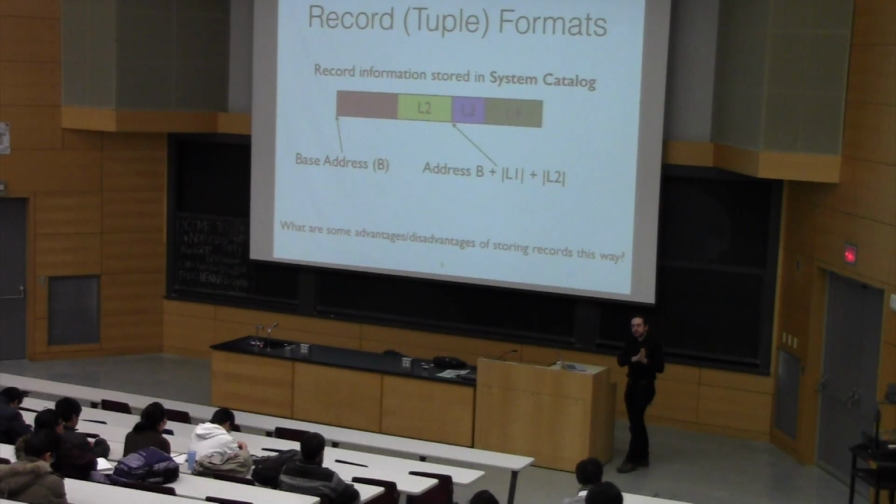So 46 times 8, I can't do the math in my head, but that many bytes into the record is where field number 46 starts. So I don't have to even look at the earlier bytes of memory. I don't have to parse it. I don't have to do any string manipulation or string comparisons. I know exactly where the field starts.